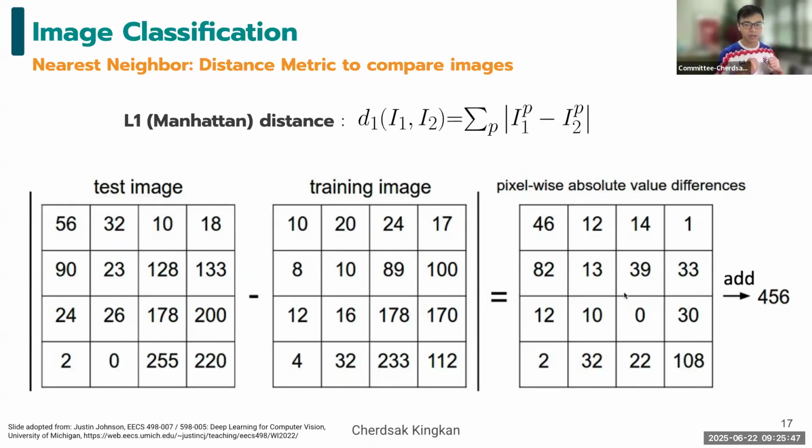We sum them all up and get a single number, right? We keep doing this with all the training images, and then select the smallest number, which means they are very similar in terms of pixel values. So that's the first distance metric that we can use for the nearest neighbor.